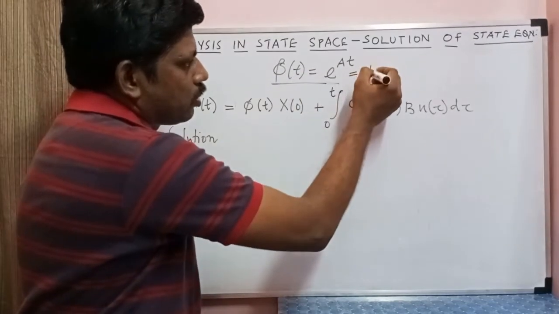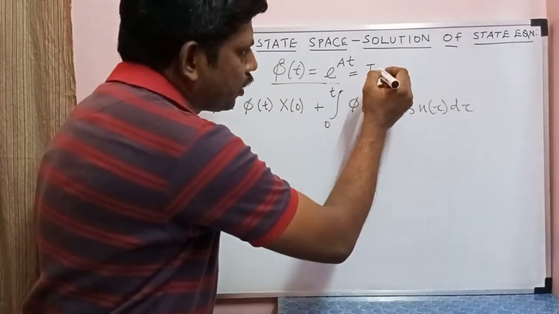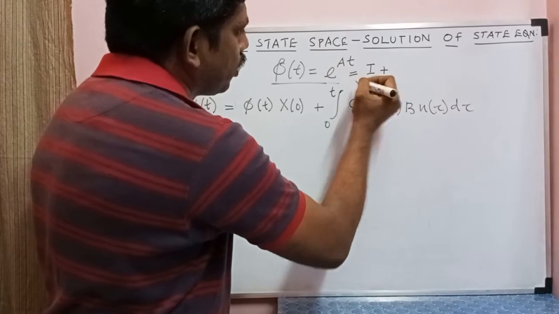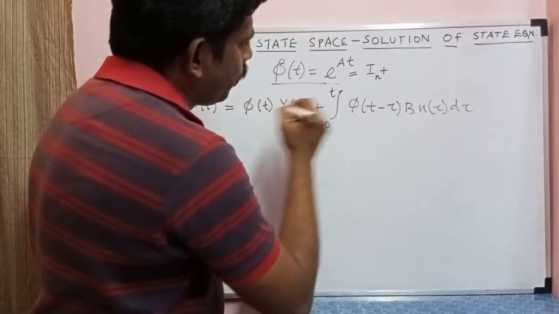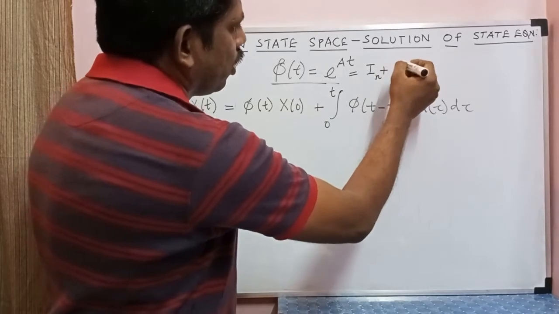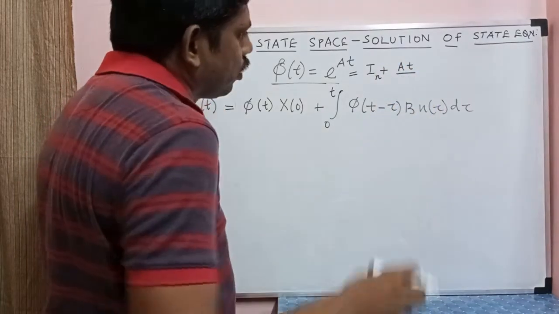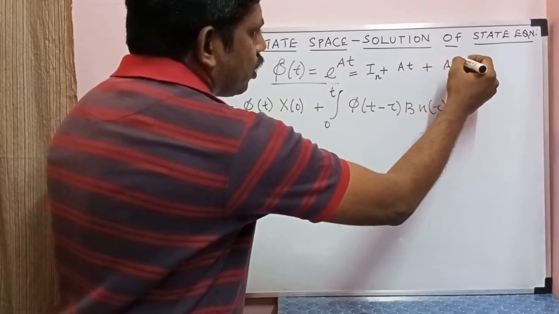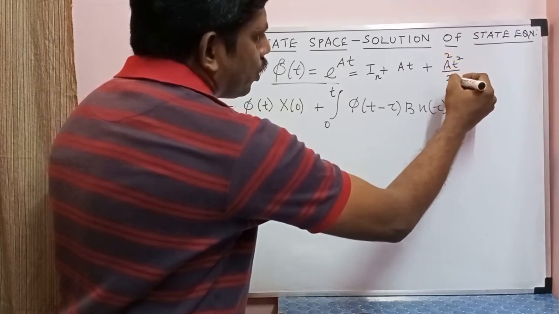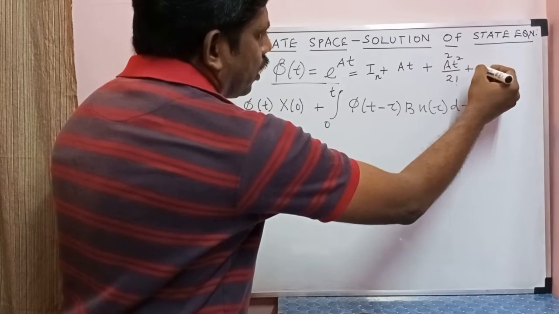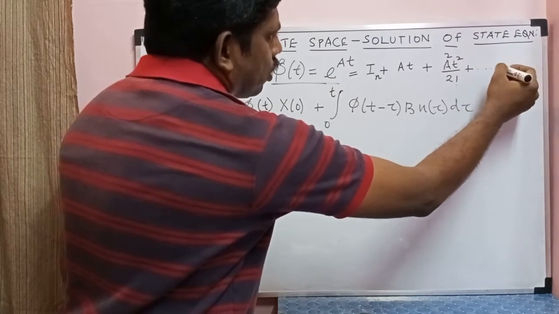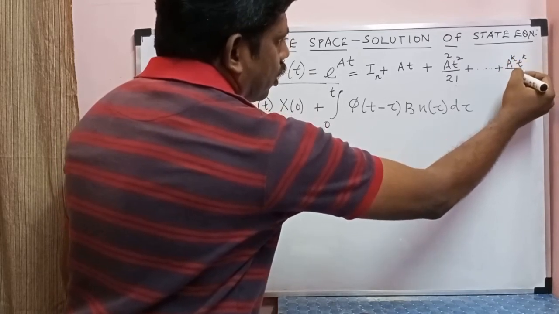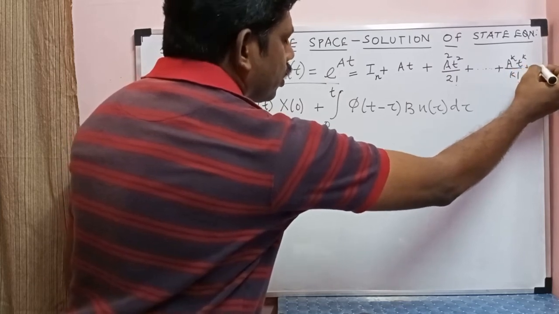In mathematics, this is computed like this, by an infinite series. e power at is equal to identity matrix of size n, and then A t by 1 factorial, then A square t square by 2 factorial, and this goes on, it is going to be an infinite series, up to A power k t power k by k factorial, it goes on.